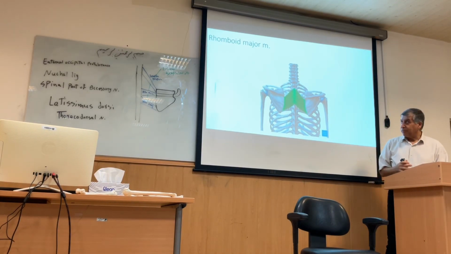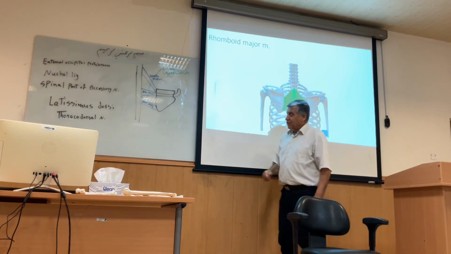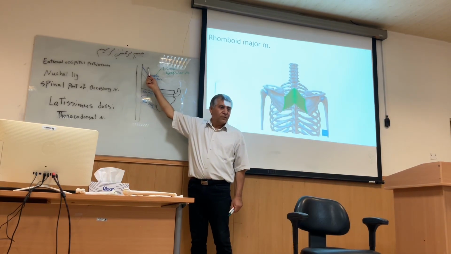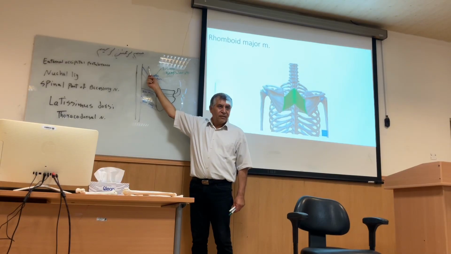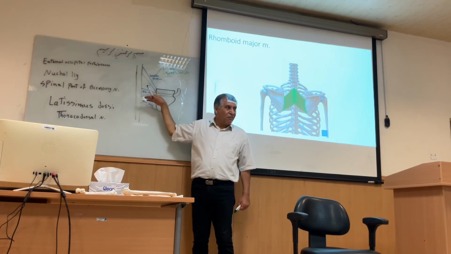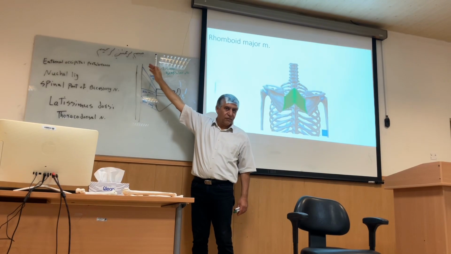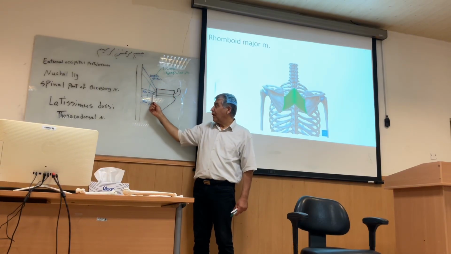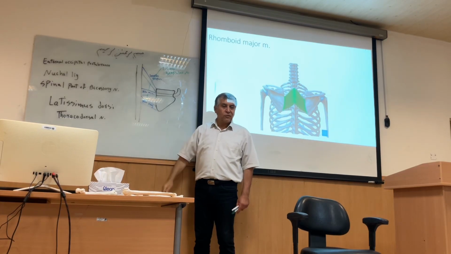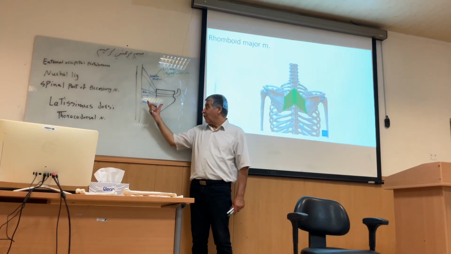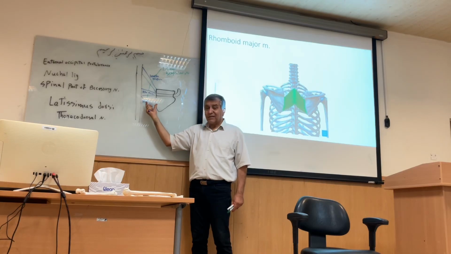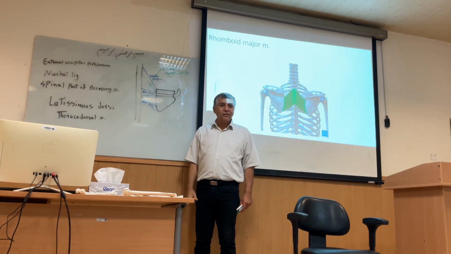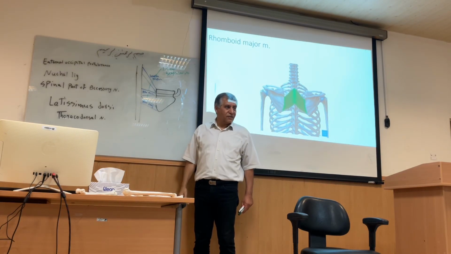Function of them. The name shows me the levator scapulae elevates the scapula. Rhomboid minor and rhomboid major, when the muscle contracts, cause retraction.